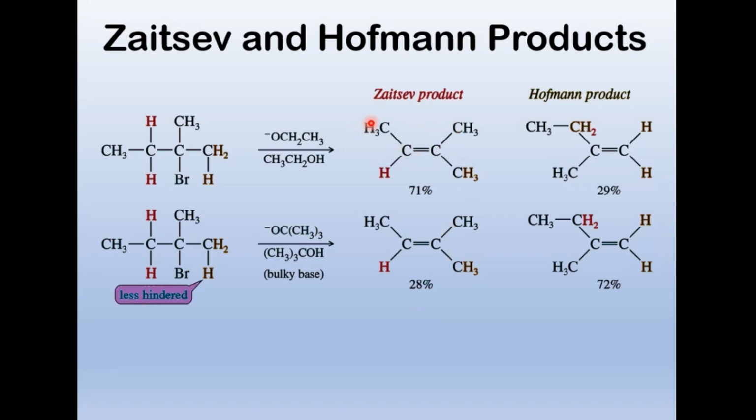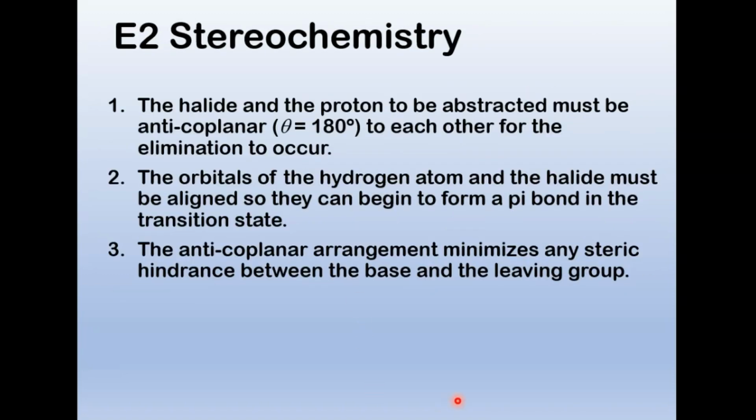This one we might say is trisubstituted. This one here is disubstituted: 2 alkyl groups versus 3 alkyl groups around the double bond. Your and my favorite topic, stereochemistry. The halide and the proton to be extracted must be anticoplanar, an orientation of 180 degrees to each other, for the elimination to occur.